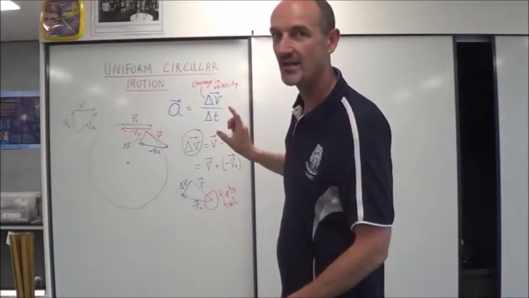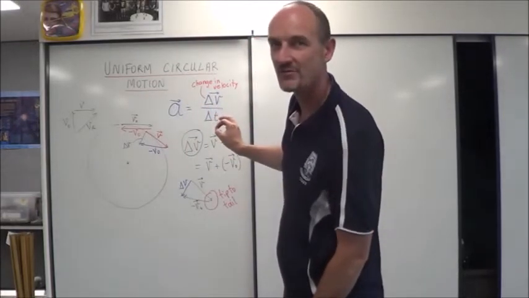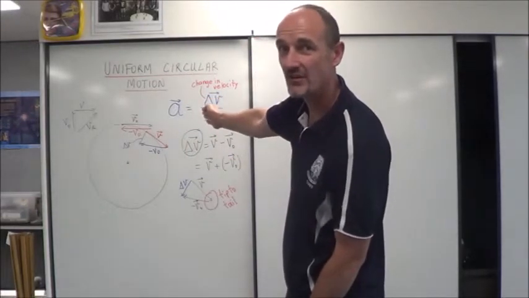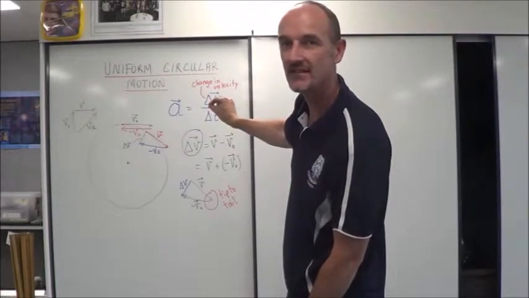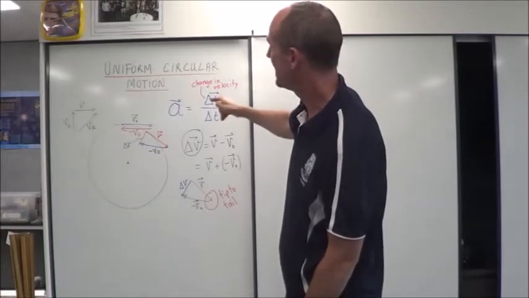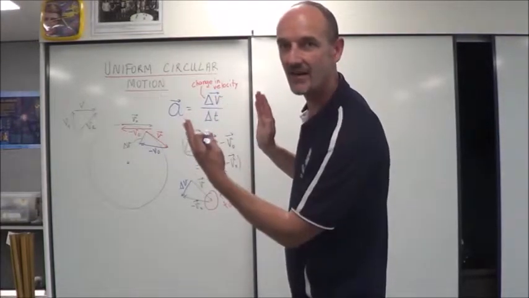I just need to point out that if you're careful with your diagram, you'll see that in this actual diagram, the change in velocity won't actually be right towards the centre. And the reason for that is that the two initial points are quite a distance apart.